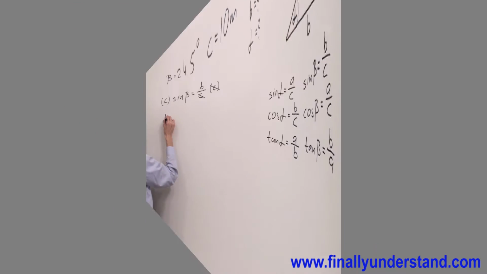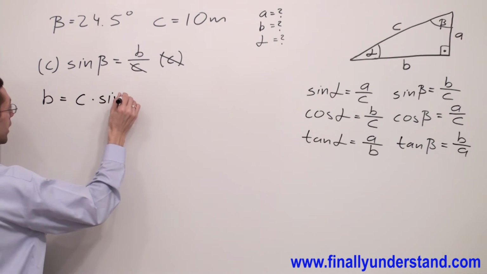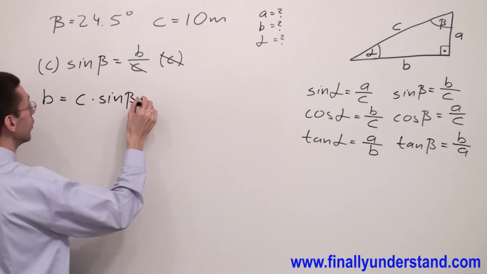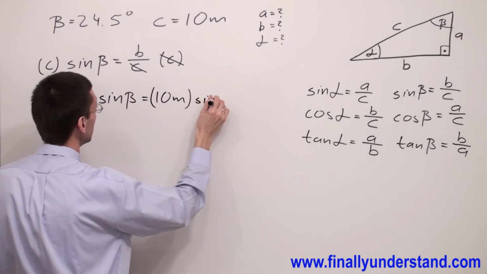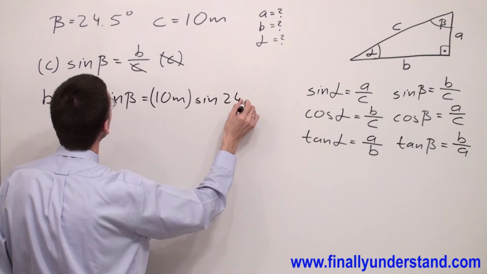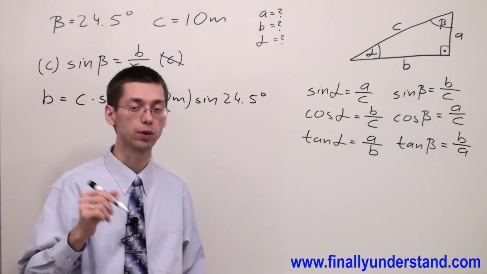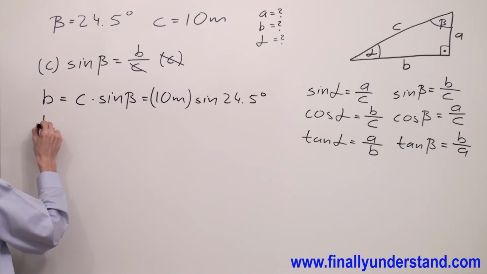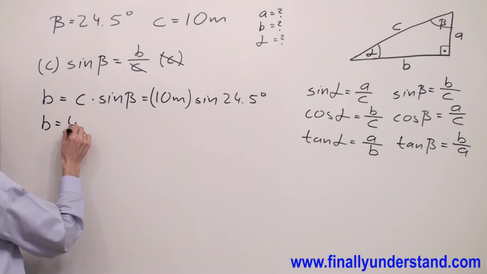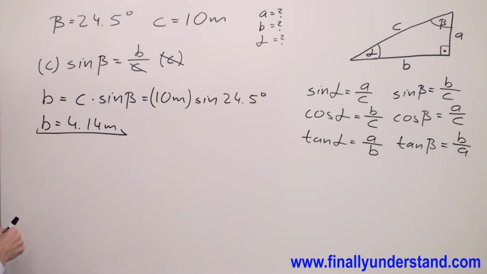So I have B is equal C times sine beta, where C is equal 10 meters times sine of 24.5 degrees. Let me remind you one more time, we are dealing with degrees. Switch your calculators to degrees. So B is equal 4.14 meters. This is the length of side B.